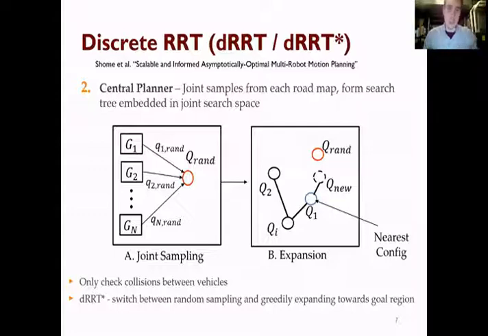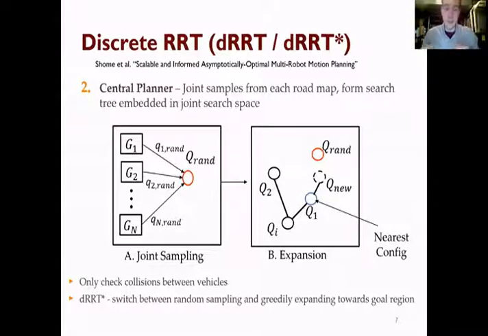And the advantage of doing this is that because you're sampling from those roadmaps instead of directly from the configuration space, those previous roadmaps have already been collision checked against the environment. So you save time in the central planning stage, and you only have to collision check between other robots in your environment.